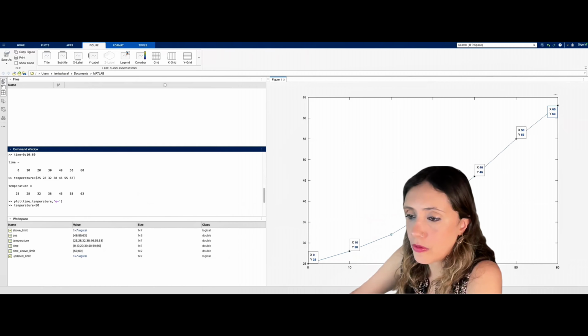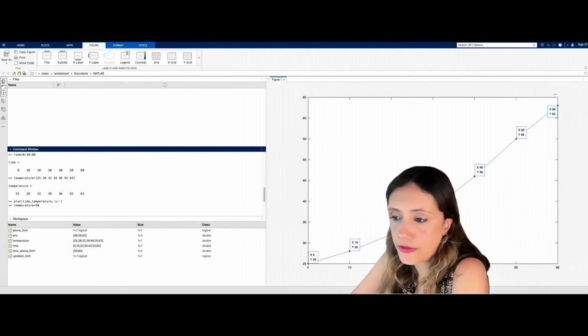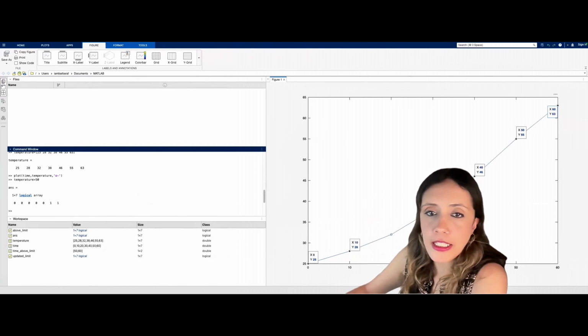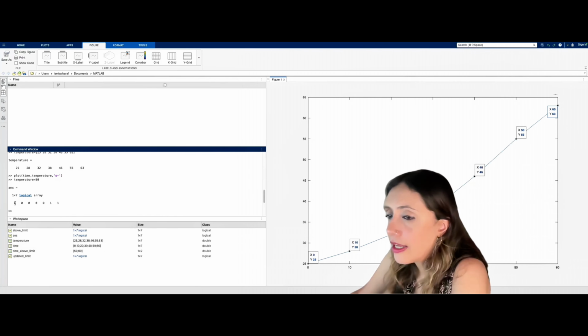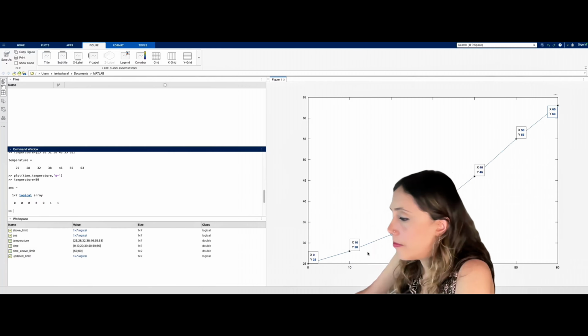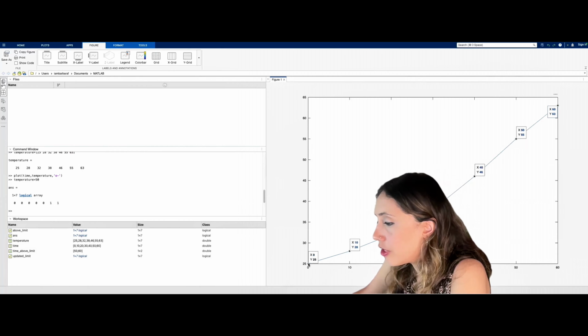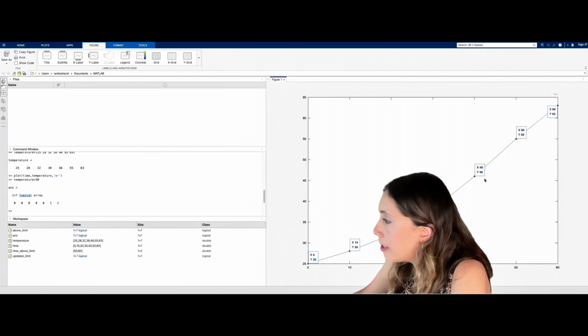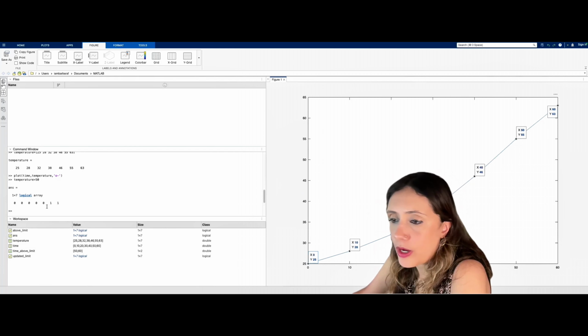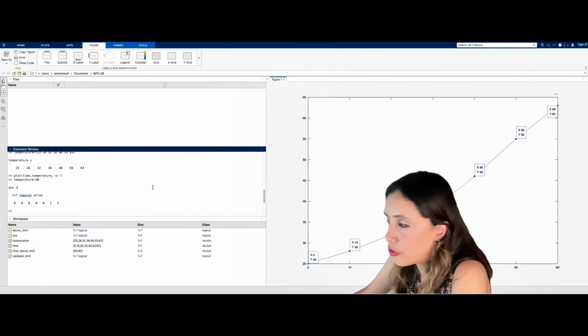It's going to show us which temperature is greater than 50. And here it displays a logical array, exactly as we did before. So it checks each point, and when it becomes greater than 50, it displays 1, because 0 is for false and 1 is for true.